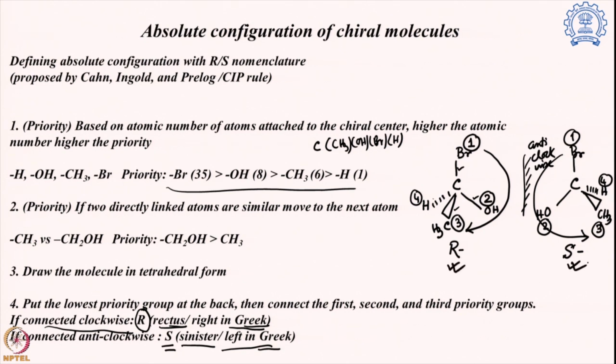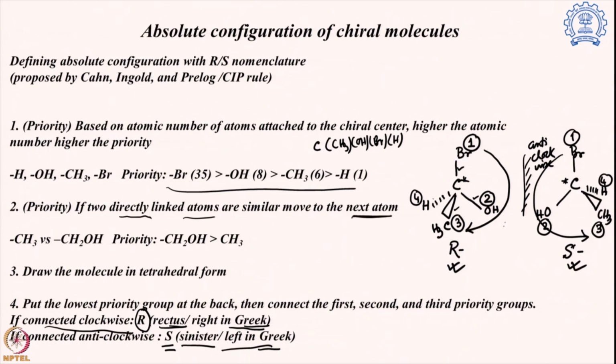So again, to find the absolute configuration, first find all the groups connected to the chiral carbon with respect to priority, and the priority is defined by the higher atomic number. If the atoms linked to the chiral center are the same, move to the next atom until you find the difference.